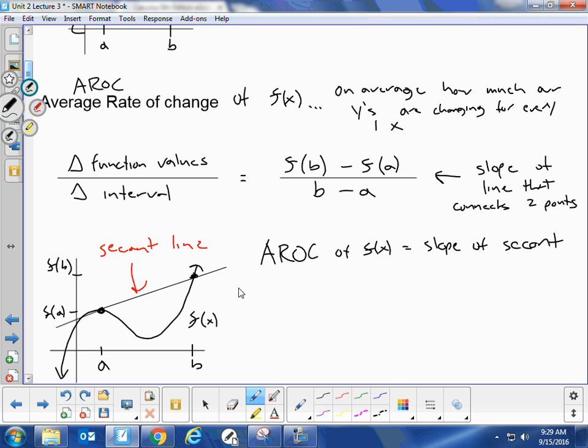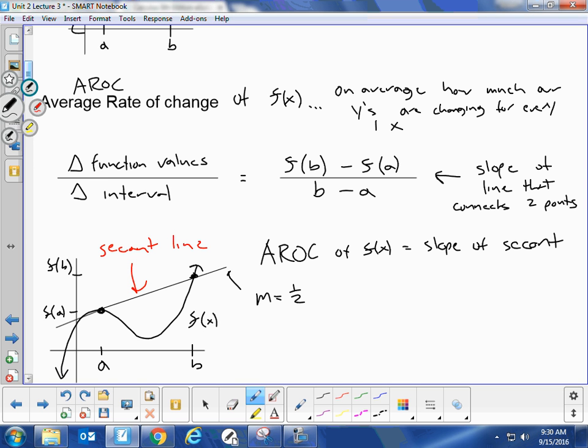Now, let's say this slope here was equal to, I don't know, 1/2. We would say, on average, my y's are increasing by 1/2 units for every 1 x unit, okay, between these 2 points.